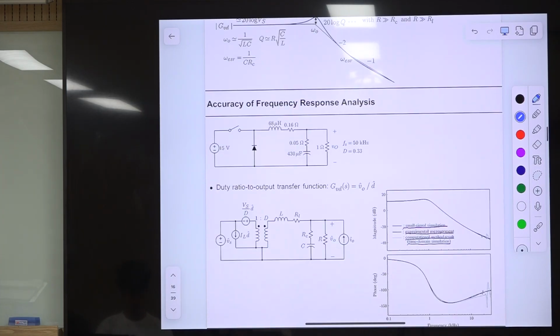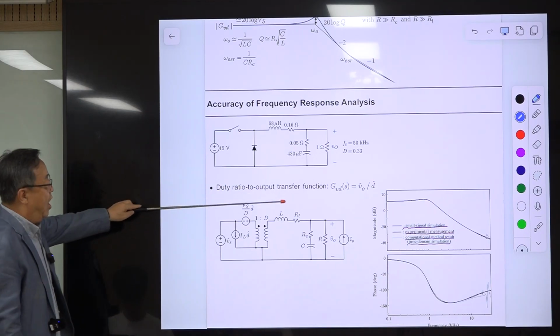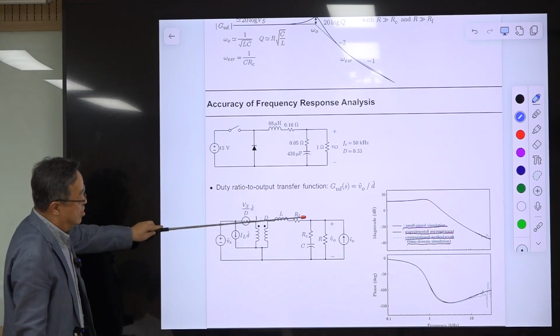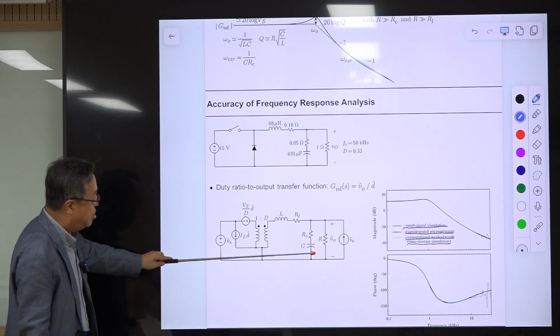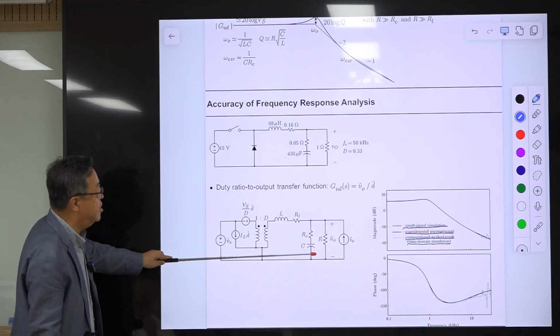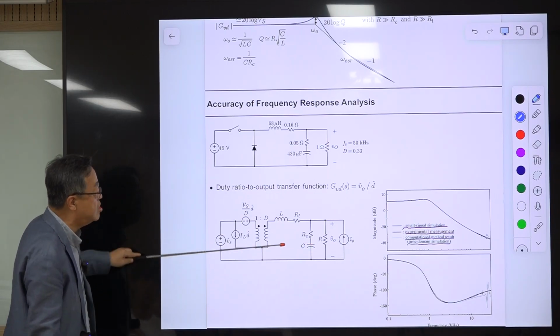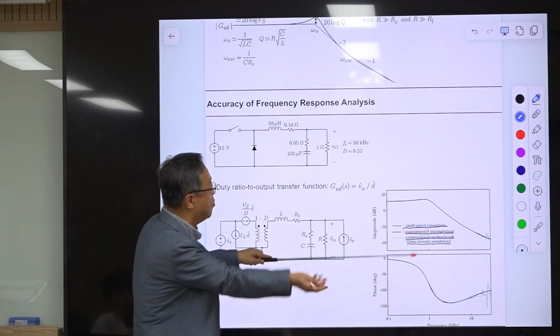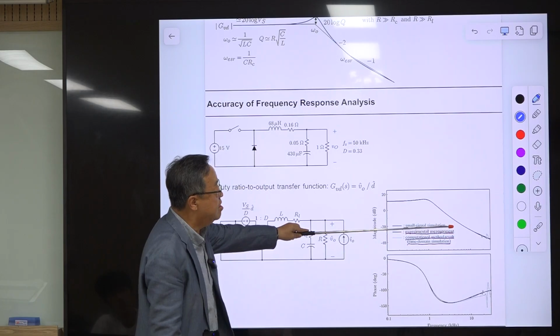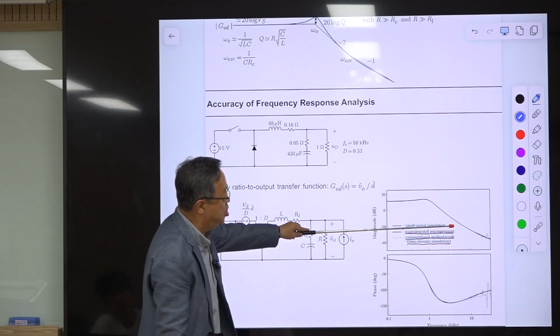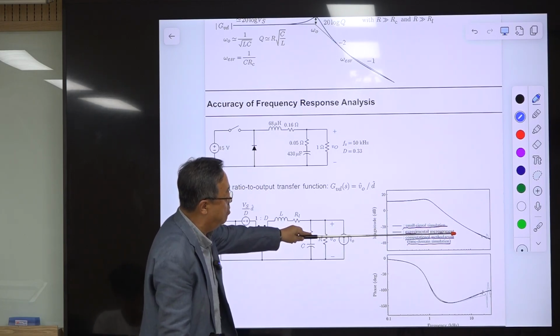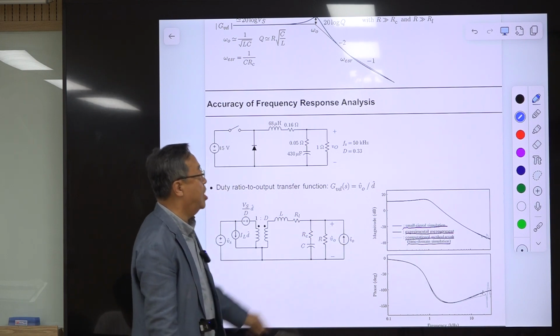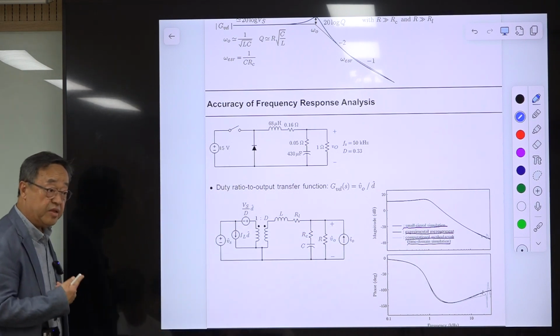Accuracy of this response, right? So we derived this and we assumed this is correct, and we generate a transfer function based on this, and we plot them all together. We overplot the small signal based analytical prediction, the experimental measurement, and the computational method using time domain simulation.